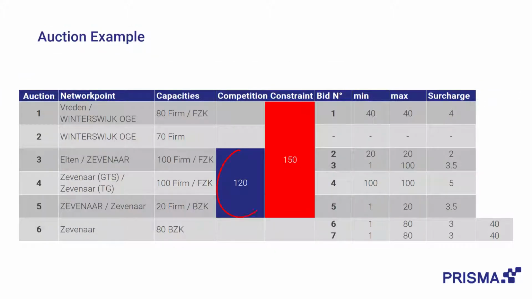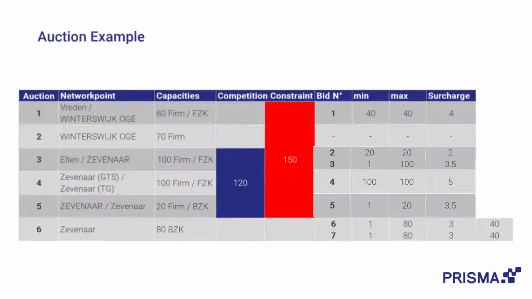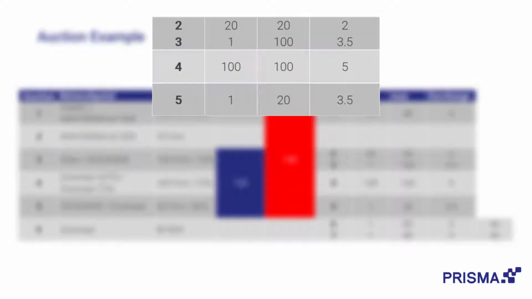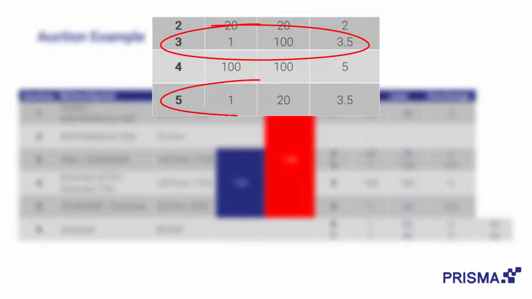Now the platform looks at the small competition constraint, which applies to auctions 3, 4 and 5. The individual auction results of these 3 auctions are now considered together as one auction with an available capacity of 120, the small competition constraint. This means that bid 4 is allocated its maximum of 100 because it has the highest surcharge. The remaining capacity is now allocated to the next highest bids, bid 3 and 5.